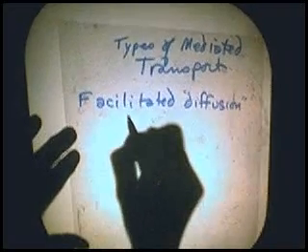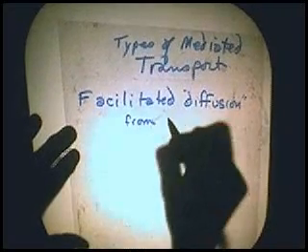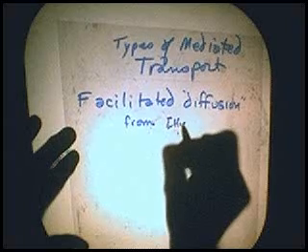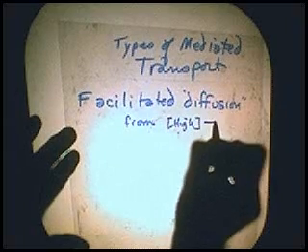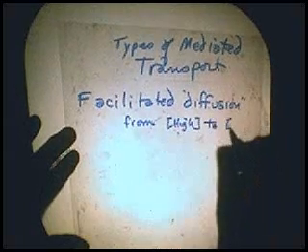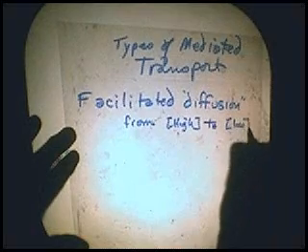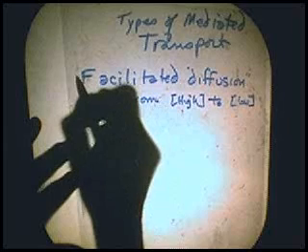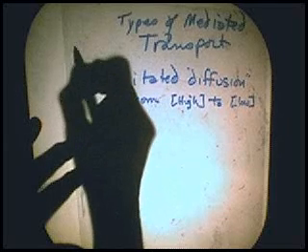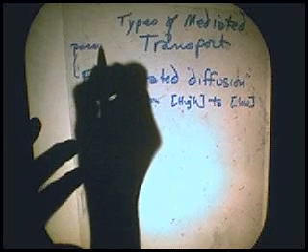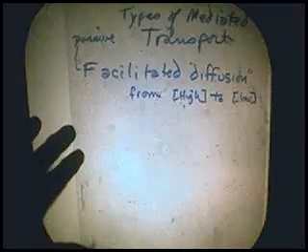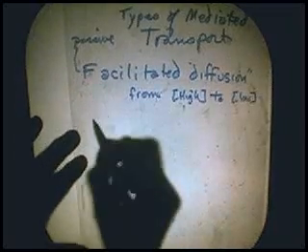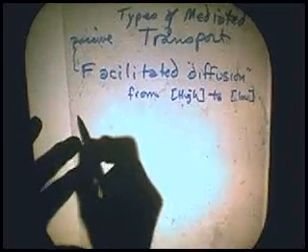That goes from high concentration to low concentration. And so this is not active transport. This is passive, like plain old-fashioned diffusion. Then we have mediated transports that are active.